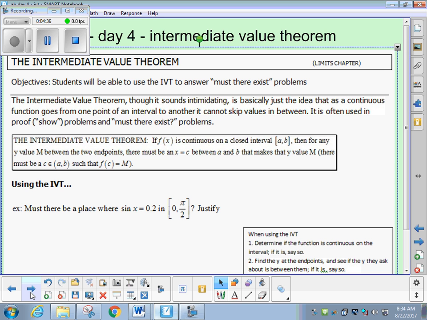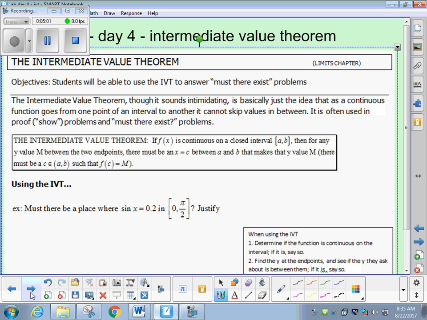Now, must there be a place, for example, let's do an example. This is more of a college-y kind of question, then we'll get to an AP kind of question. Must there be a place or a solution to sine of x equals 0.2 in 0 to pi over 2? And if so, why? Well, this is the work you have to go into.